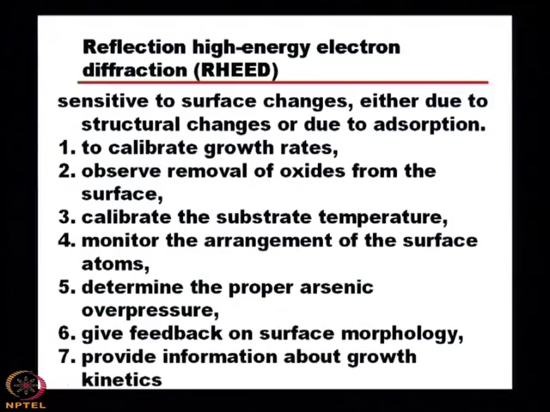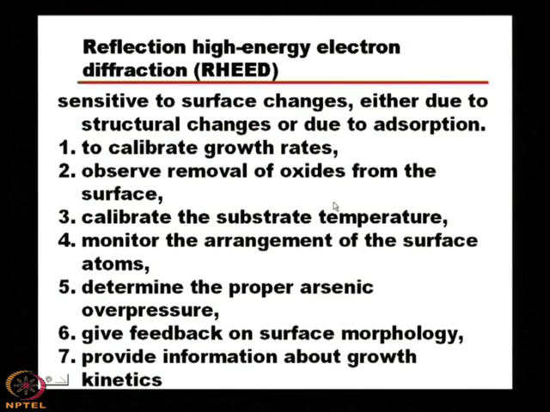So, you can use argon or that type of inert gas, make it ion, and then bombard the substrate. Due to the bombardment of the substrate by the chemically inert ions, oxides will be removed or etched. So, that is the removal of oxides from the surface.